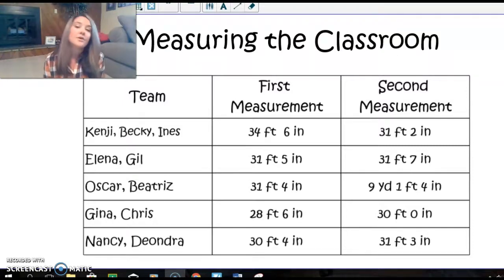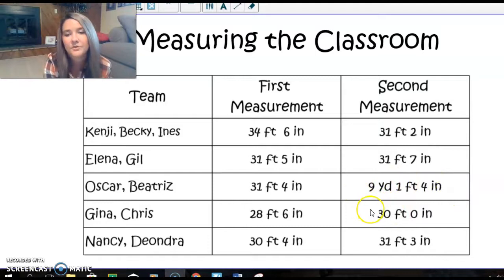Looking at the second measurements, they were a little bit closer: 31 feet 2 inches, 31 feet 7 inches, 30 feet 0 inches, 31 feet 3 inches, 9 yards 1 foot 4 inches.